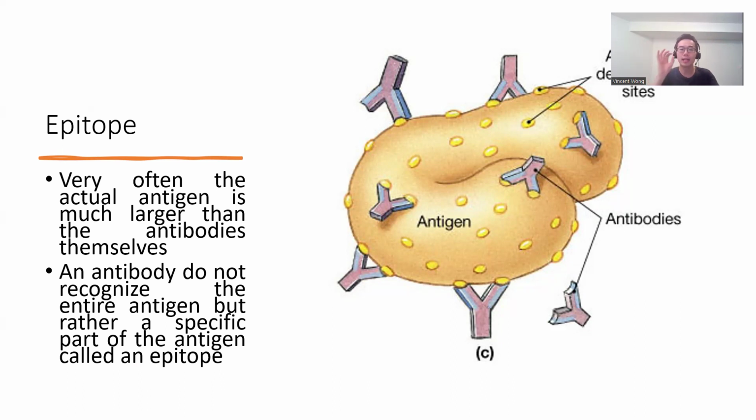These specific regions on the antigens are called epitopes. The reason I bring this up is because the antigen is big, the pathogen is even bigger. When we make the antibodies, we need them to tag a part that is very unique to the pathogens. Otherwise the antibody is not going to be very effective.